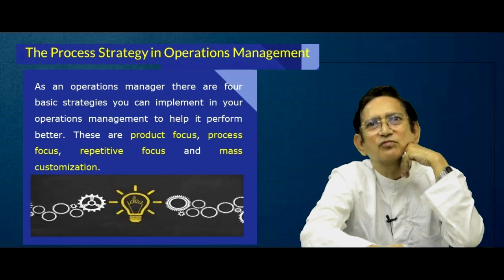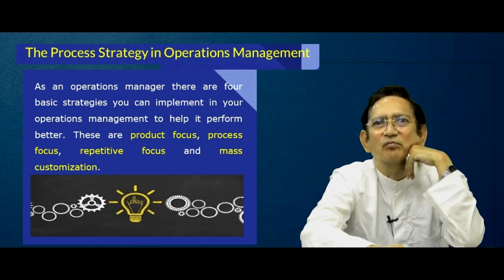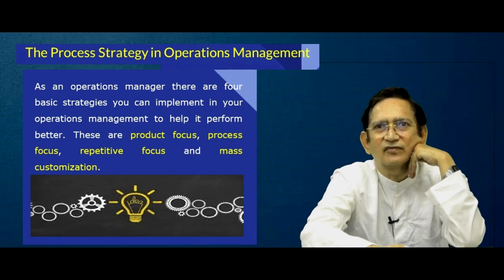The most important thing is, as an operations manager, there are four basic strategies you can implement in your operations management to help it perform better. These are product focus, process focus, repetitive focus, and mass customization.